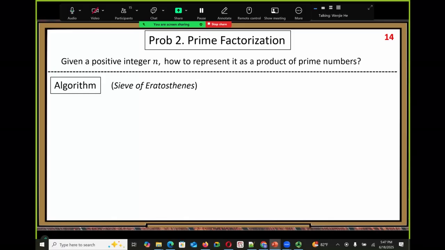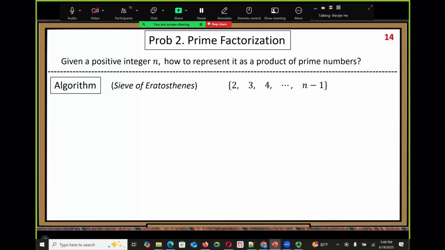That's this ancient, very old algorithm, with the earliest reference approximately in the 3rd century. The sieve of Eratosthenes algorithm.